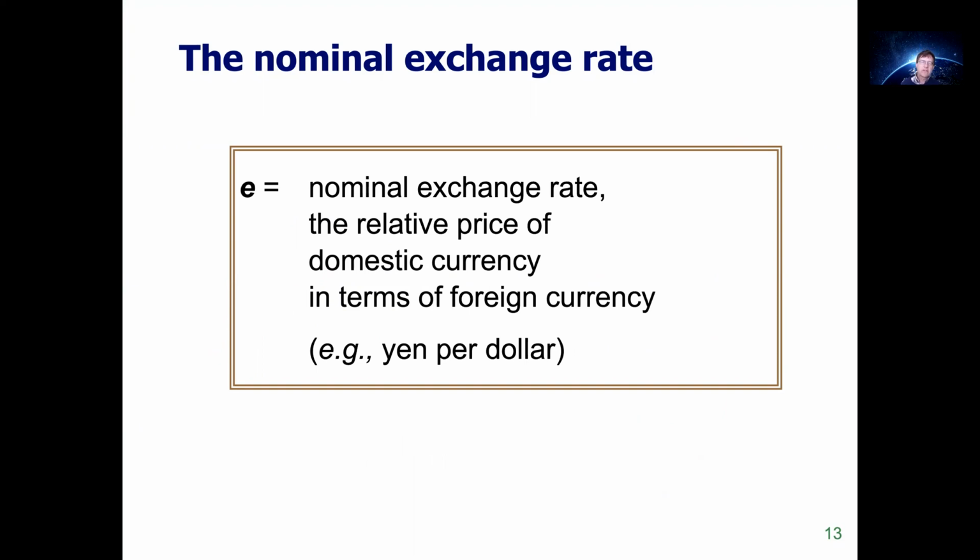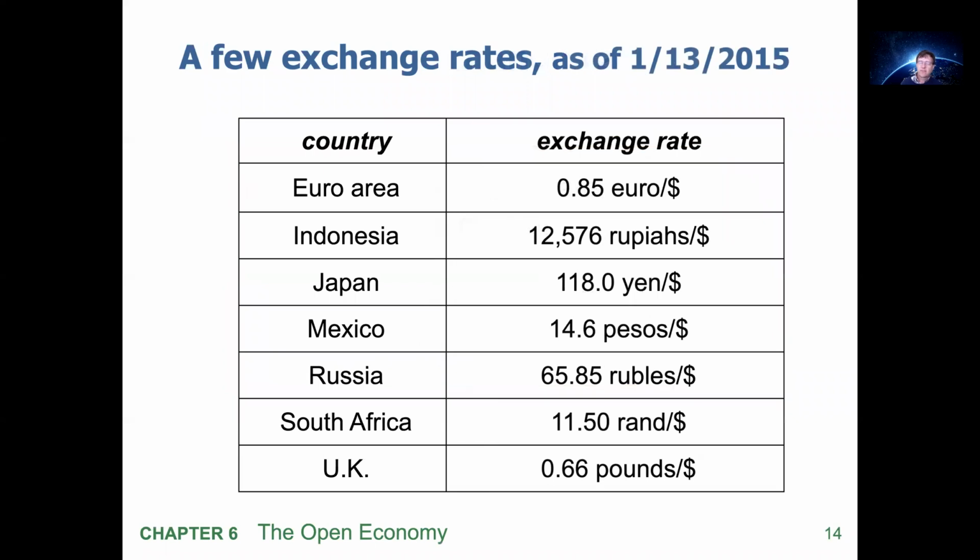Notice Mankiw is going to be talking about how much it costs to get a dollar. You could talk about how much it costs to get yen or euros, but he's going to say if the US is the domestic country, let's talk about how much it costs to buy a US dollar with some other currency. Okay, here are some examples.